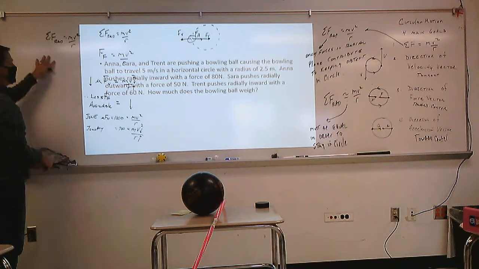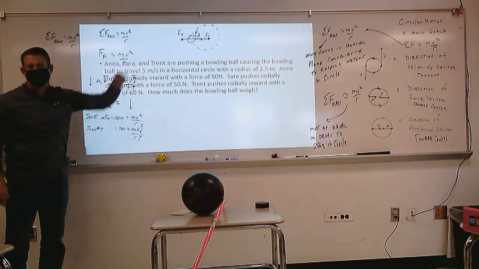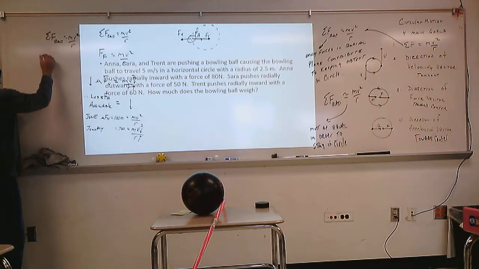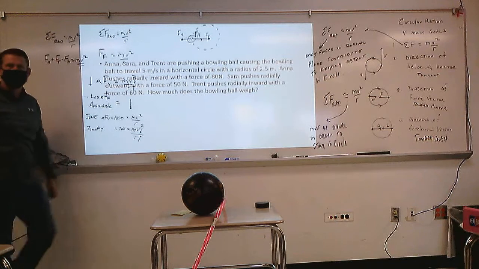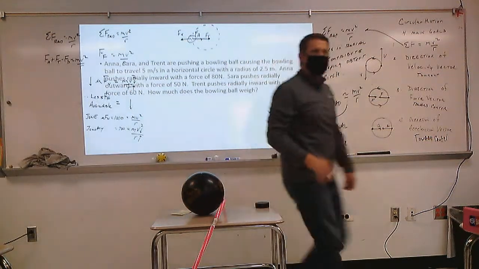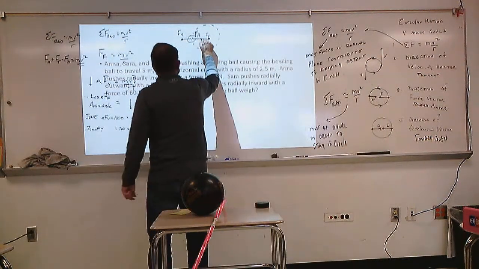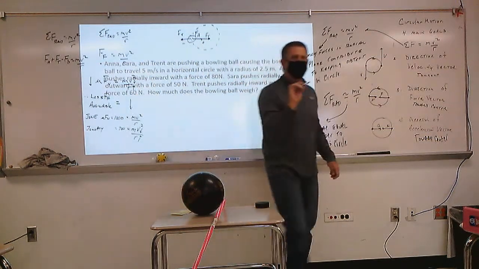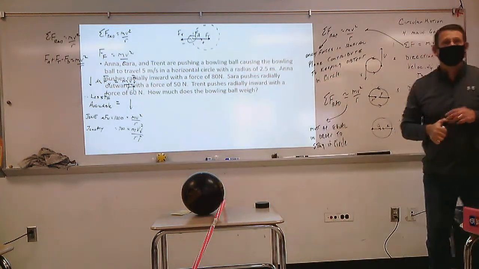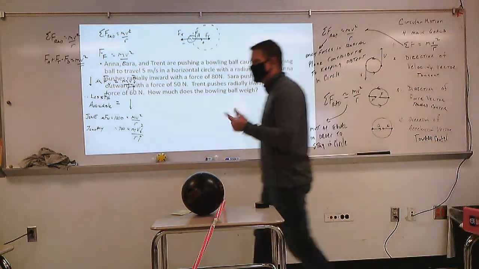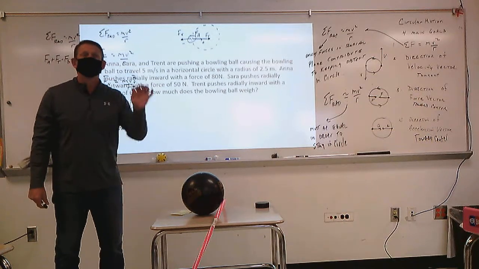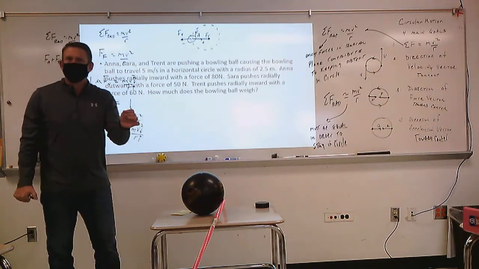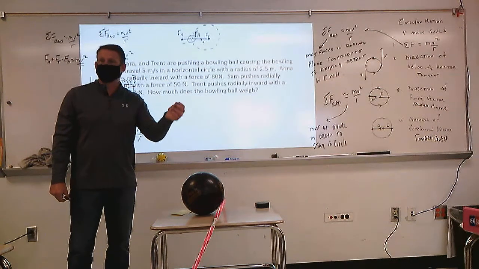Carl, can you give me an expression for the sum of the forces acting radially? F_A plus F_T minus F_S equals mv squared over r. I love that Carl made the inward forces plus and the outward forces minus, because our rule is that anytime there's an acceleration, we designate the direction of the acceleration as positive.